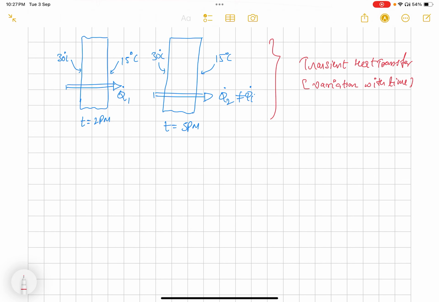If in the second case this heat transfer becomes equal, then it is steady state.